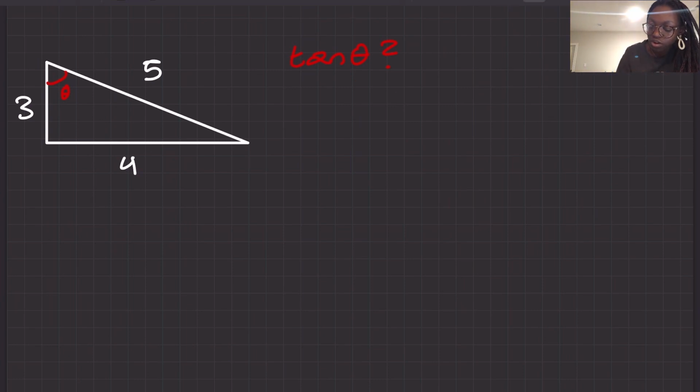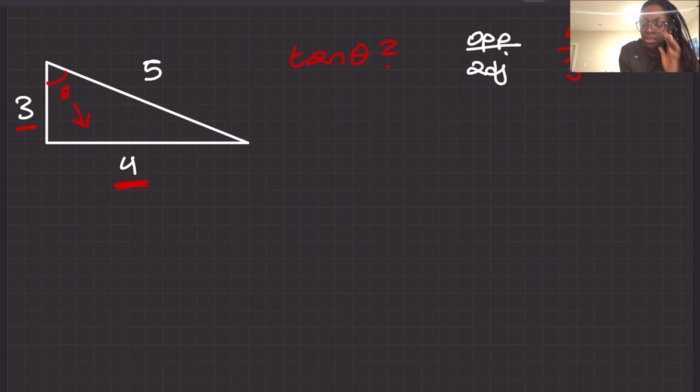Well, if you remember correctly, tangent means opposite over adjacent. Now you're on the hunt to find the number that is opposite to the angle and adjacent to the angle. So that's 4 and 3. Opposite over adjacent. And that is the answer to the tangent of theta in this triangle.